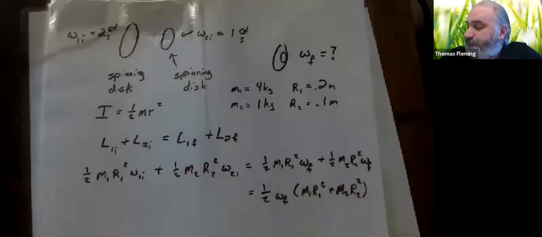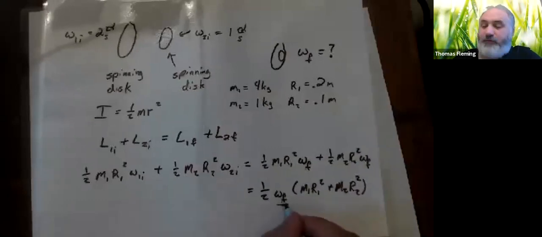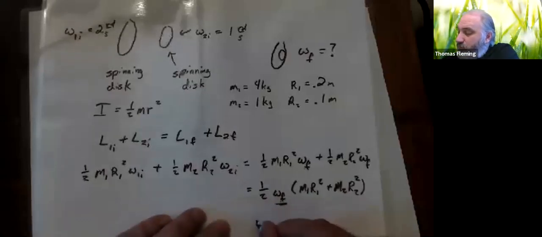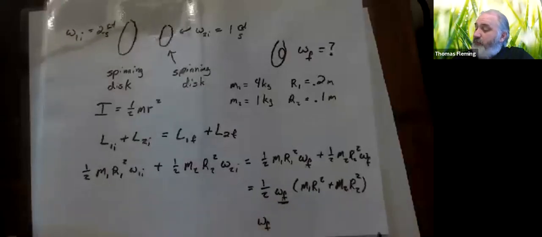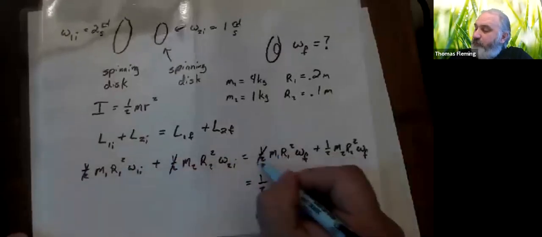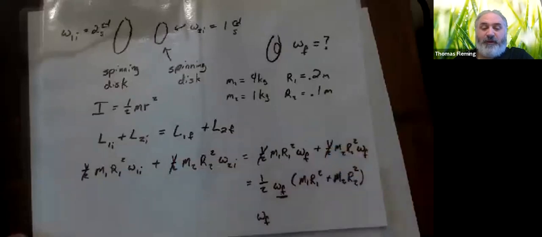At that point, it's really all over except for the final bit of algebra. I'm solving for the final angular velocity. I want to know how fast they'll be spinning together. First I notice that everything has a 1/2 in it, so all these 1/2s conveniently cancel for me. And this is going to be ditto.